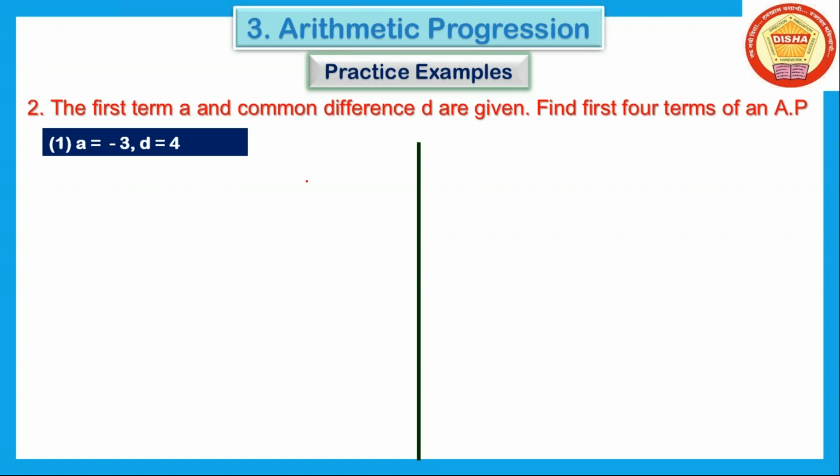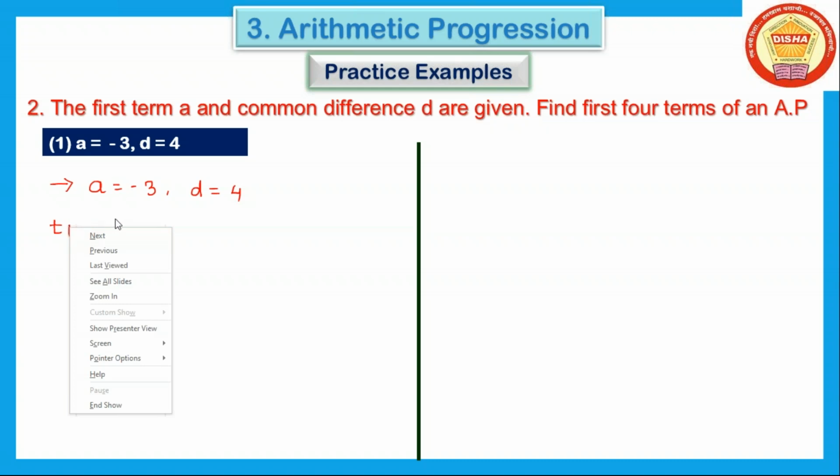On that basis, we have to find the AP, means T1, T2. We take here A is equal to -3 and D is equal to 4. Then we will find T1, the first term, which is called A. A is equal to -3.